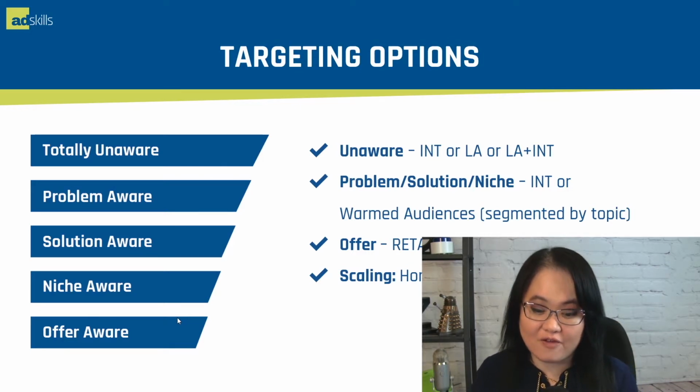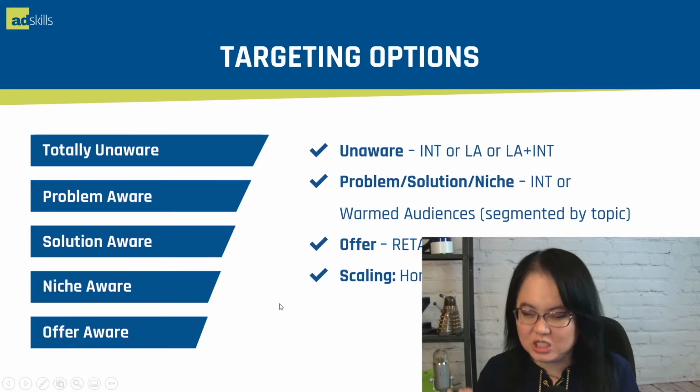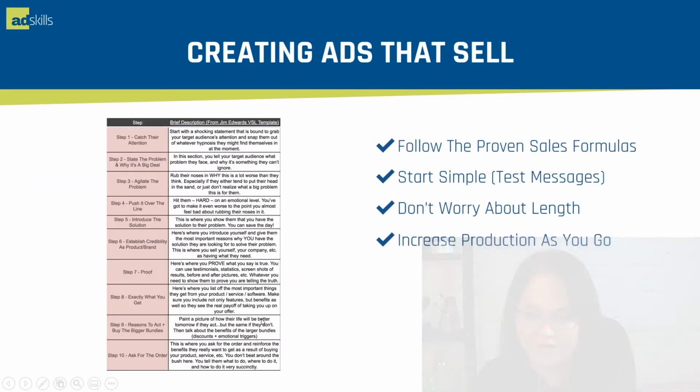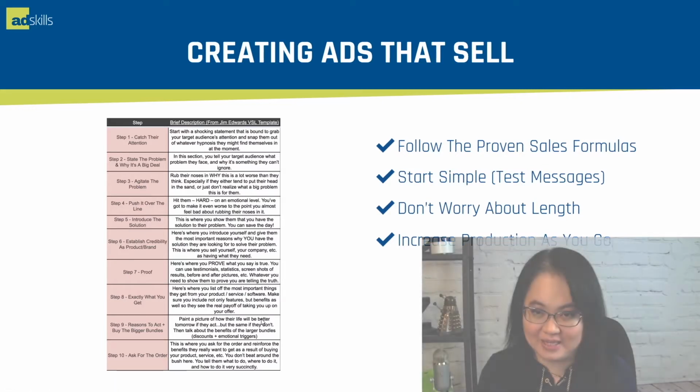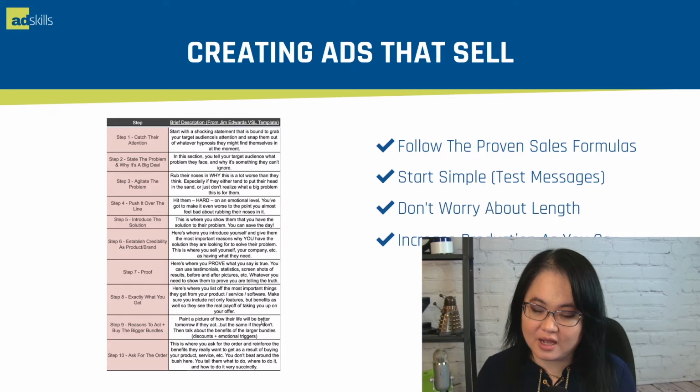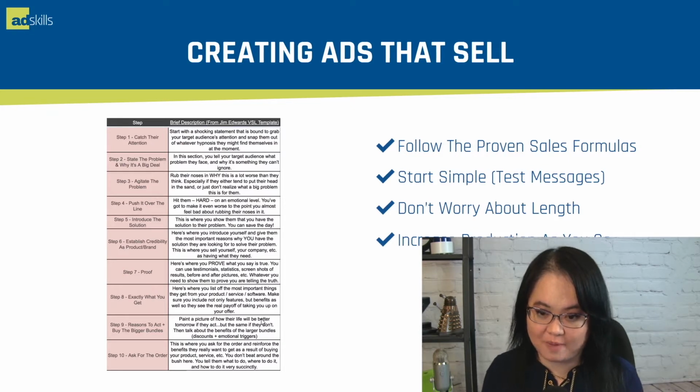So let's start off by talking about an ad that you would do for a totally unaware cold audience, because it's a bit easier to pull out what we need on the other layers once we start there. So what I have here in front of you is a guideline, and this is really going back to the basics of how to create persuasive copy.